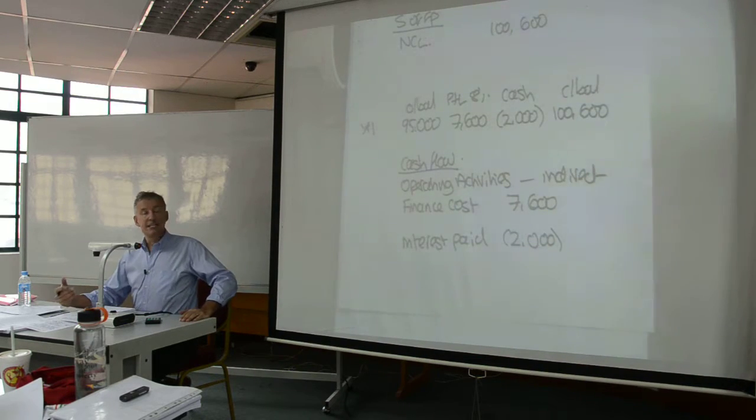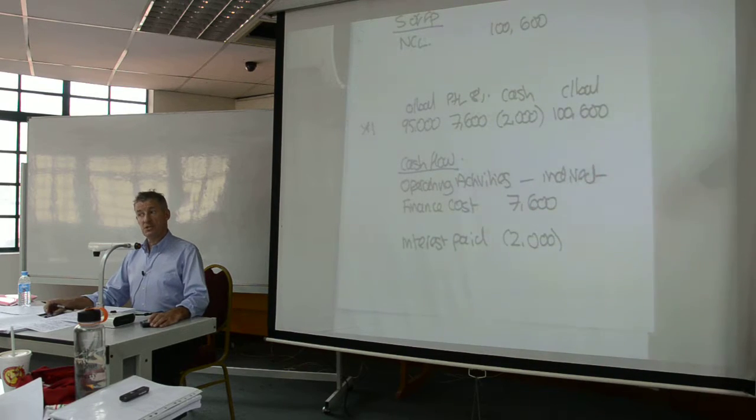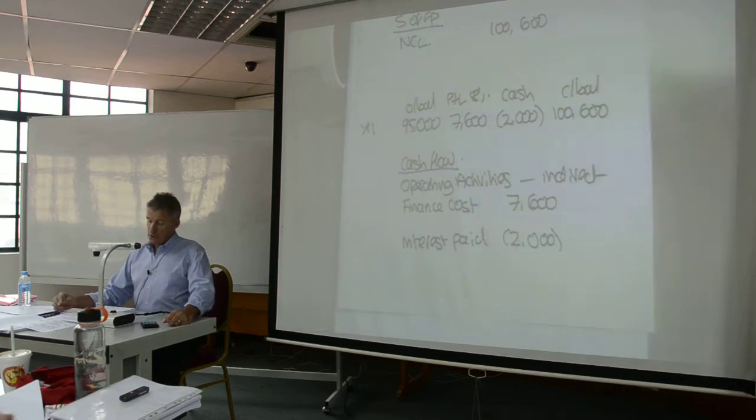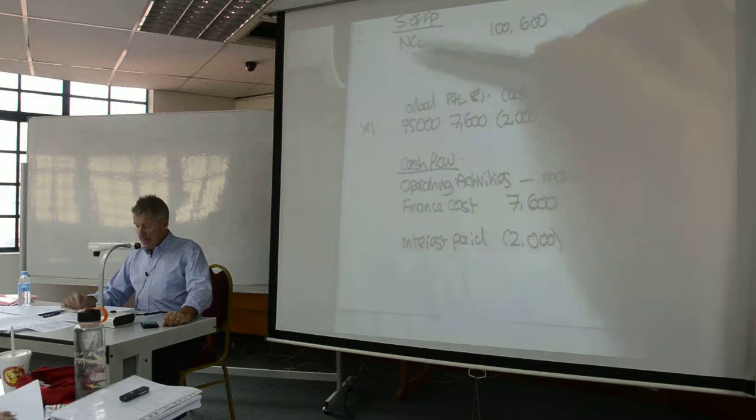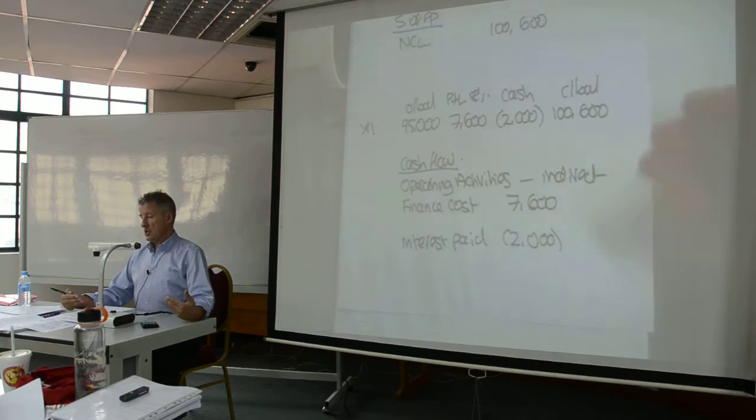You could get a question which asks you to explain about amortized cost, but you could be examined in isolation, or it could be part of a P&L question, or part of a balance sheet question, or part of a cash flow question. But amortized cost is the regular way to go.